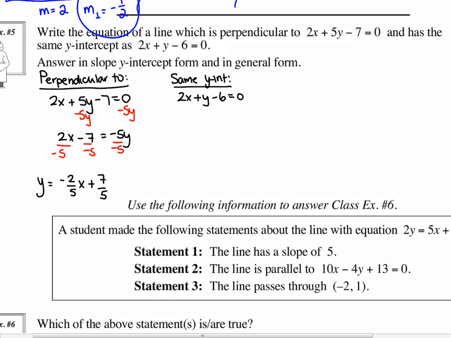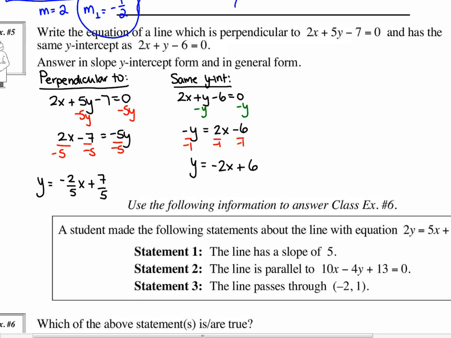Because you subtract y to the other side, you're left with negative y equals 2x minus 6. So you have to divide everything by negative 1. We don't want negative y, we want y. So you should have had negative 2x plus 6 for that equation.